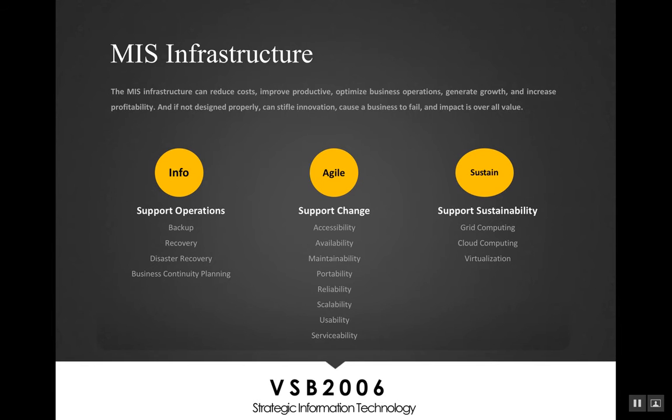So as we're seeing this evolution of technology, as things continue to evolve with MIS infrastructure, one of the big things that's been happening is infrastructure has moved from an internal model, where organizations would buy their own computers, set up their own operations, and run them internally.